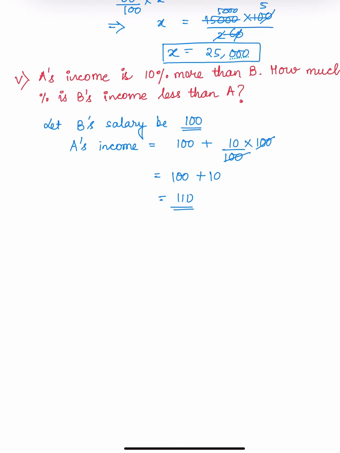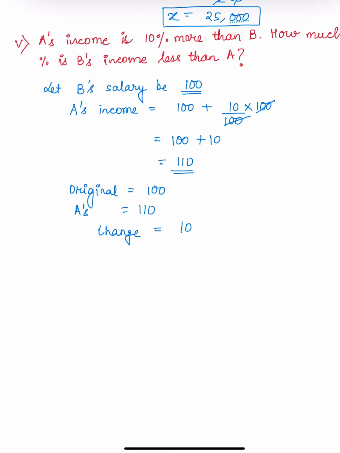Now we have to find how much B's income is less than A's in percentage. The original here is A's, which is 110, and B's is 100. So the change is 10. How do we do this? The percentage change will be equal to 10 divided by 110 into 100%, because we have to find B's shortfall as a percentage of A's income.